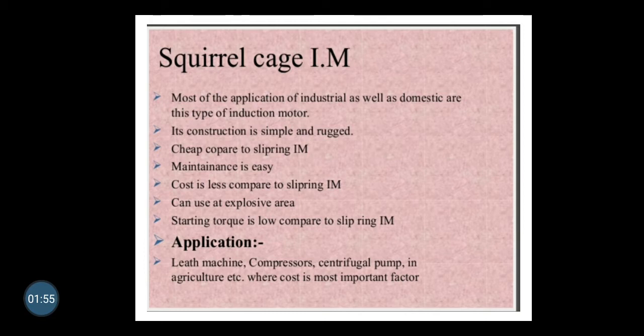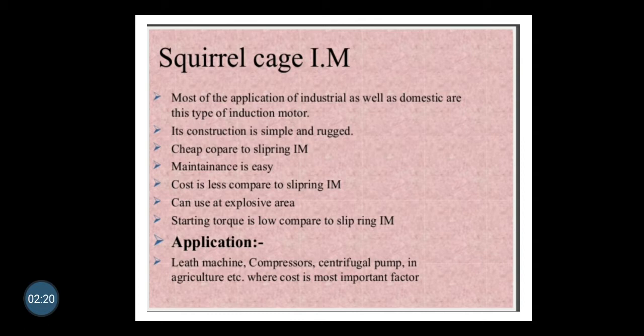This type of induction motor has a simple and rugged construction. The squirrel cage induction motor is cheap as compared to the slip ring induction motor. Its maintenance is very easy as compared to the slip ring induction motor.